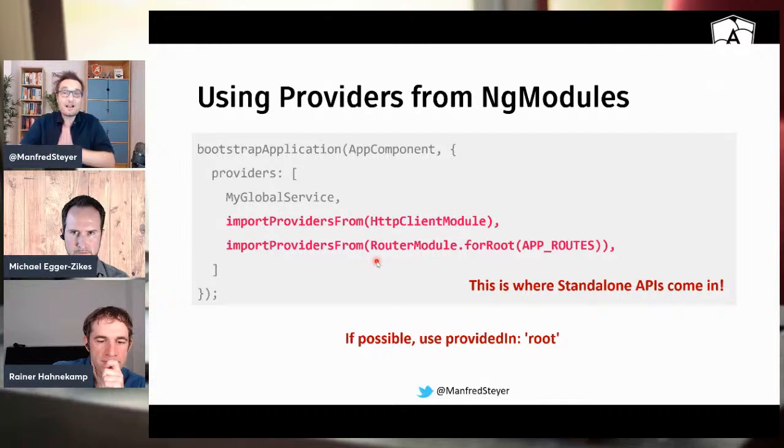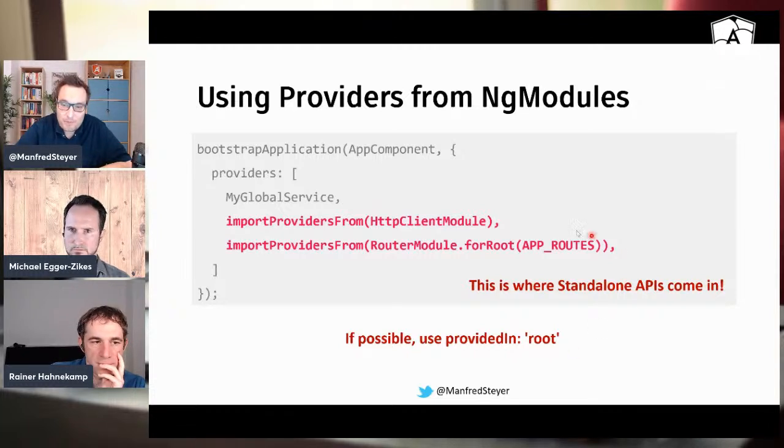Saying this, the Angular team really wants to encourage you to use provided in root instead of this providers array. You should prefer provided in root. It's a bit less obtrusive. However, there are situations where you really need this providers array.